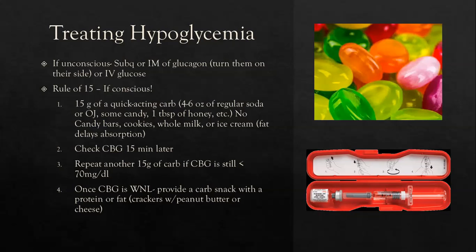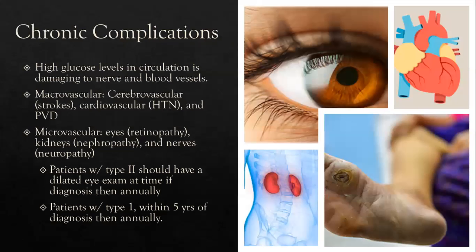Once that occurs, if they're not eating within the hour, you give them another snack, a carb with a protein or fat, which is crackers with peanut butter or cheese. Again, you don't do this until their blood sugars are better, and only if they're not going to eat within the hour. If you do the 15 grams of carbs 2-3 times and you're not getting a sugar above 70, you start calling a doctor. All right, so that's for hypoglycemia.